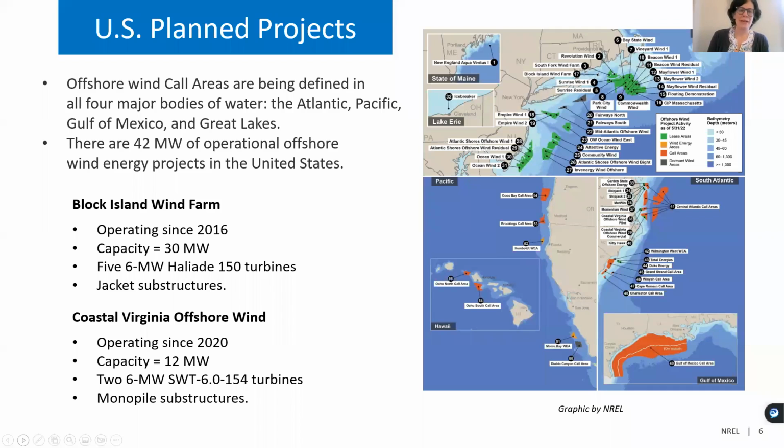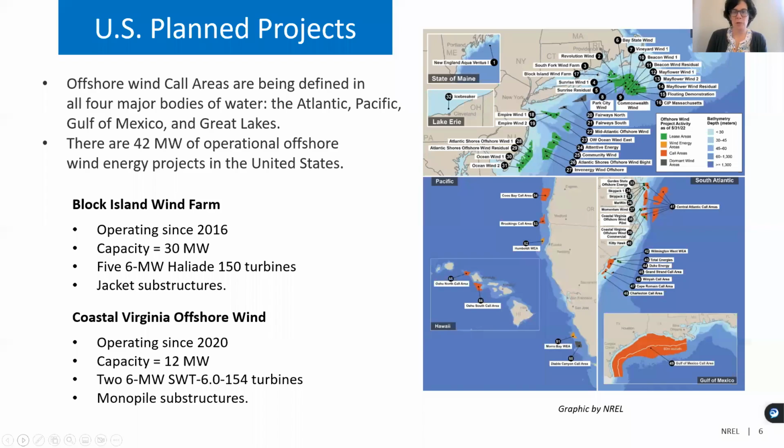But right now in the US, we only have 42 megawatts of operating offshore wind across 2 different projects, as compared to more than 50 gigawatts and 257 projects globally. Block Island off the coast of Rhode Island is a 30 megawatt, 6-turbine project that was developed on the edge of state waters and became operational back in 2016.